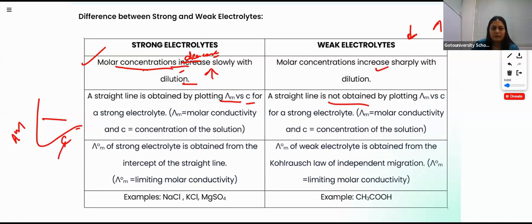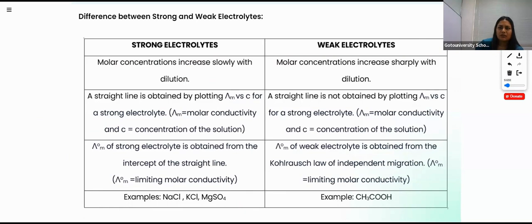Okay, here the limiting molar conductivity of a weak electrolyte is obtained from Kohlrausch's law, that is the law of independent migration of ions, that we will discuss shortly. Examples of strong electrolytes are NaCl, KCl, magnesium sulfate. For weak electrolytes, it is acetic acid, CH3COOH.